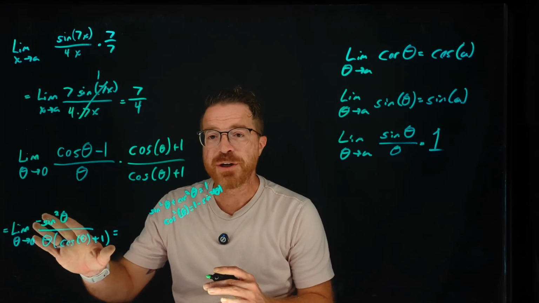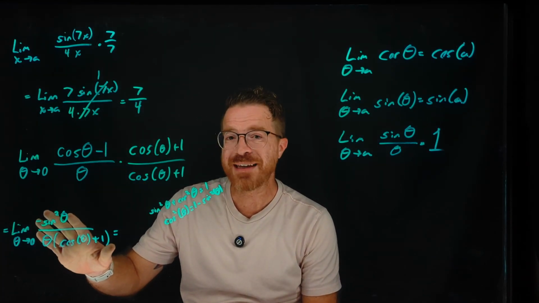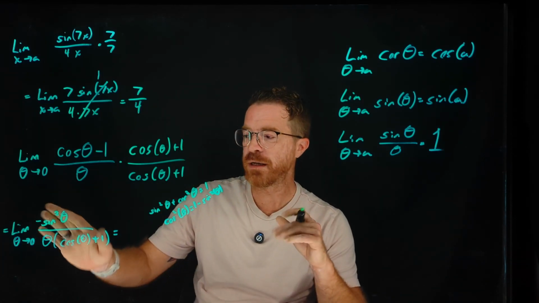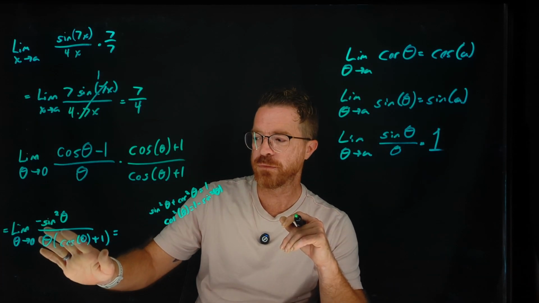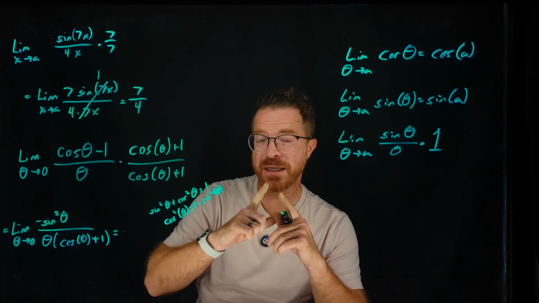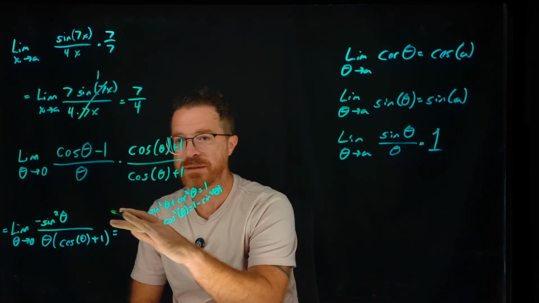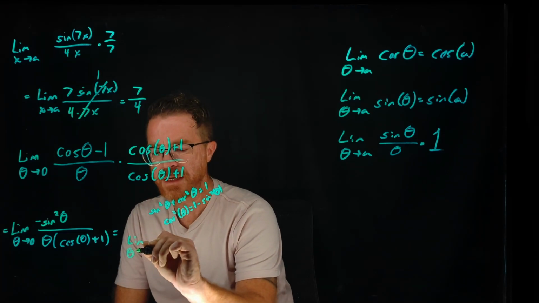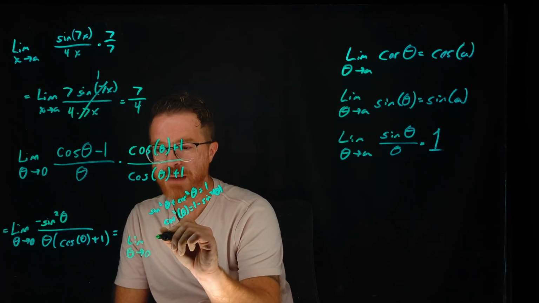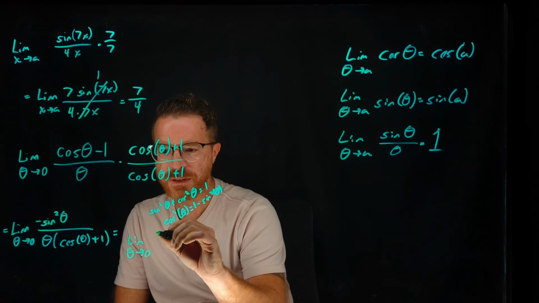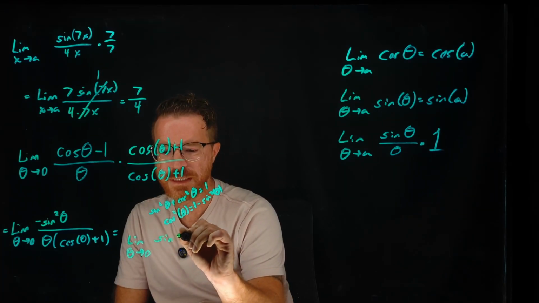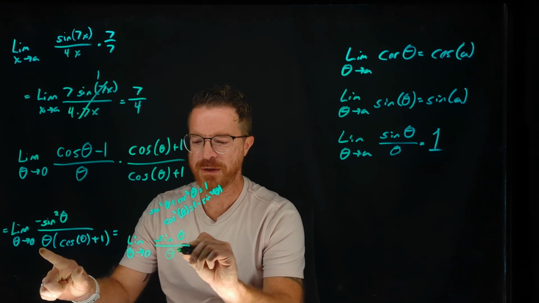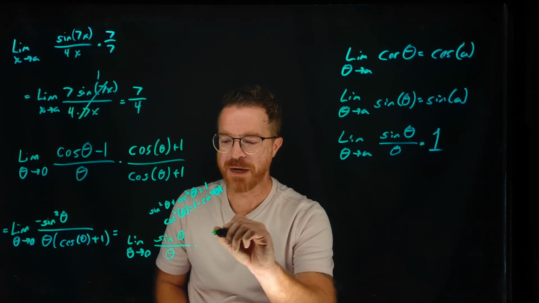So for the next step, I'm actually going to split one of these sine thetas over this theta, right? Because if I have the limit of some fraction where I have two values in the denominator, it's the same thing as splitting it up, because it's multiplication. So this is going to be the limit as theta approaches 0, and I'm going to pull out sine of theta divided by theta, times my other sine theta.